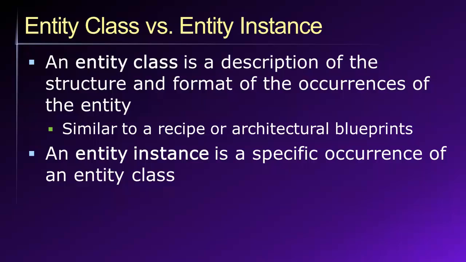If we have an employee entity, that is, an employee entity class, we may define attributes that we want to track for all employees, such as an employee ID number, an employee name, an employee department.